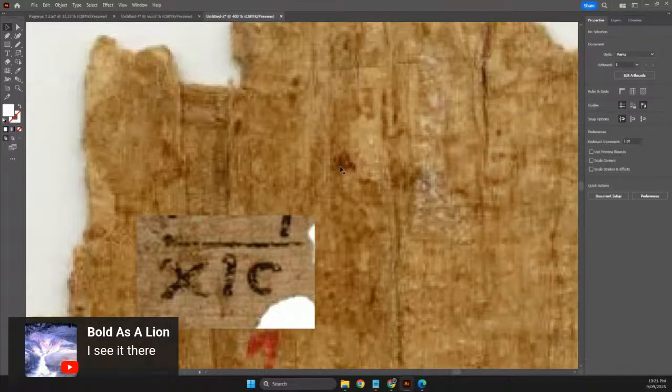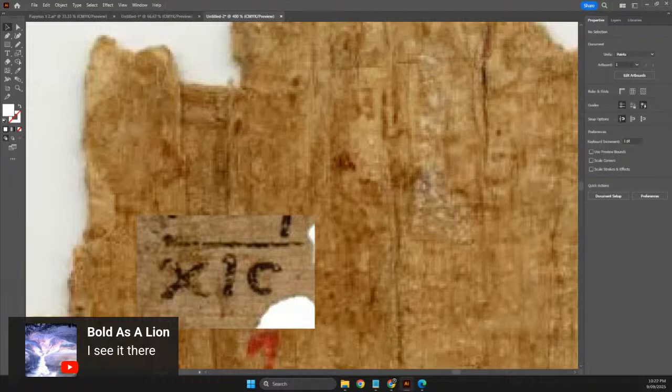I mean, I can see it, and I'm going to say this is a 616 reading in Matthew chapter 1, in Papyrus 1, which is so strange. I have no idea why it's there. I have no idea who put it there. Not much is known really about the provenance of this manuscript, or much of the papyri.